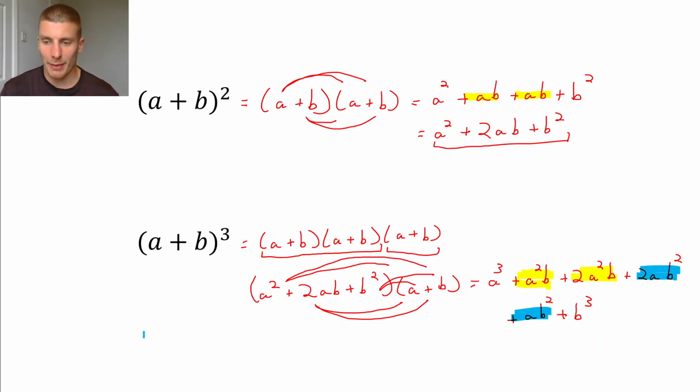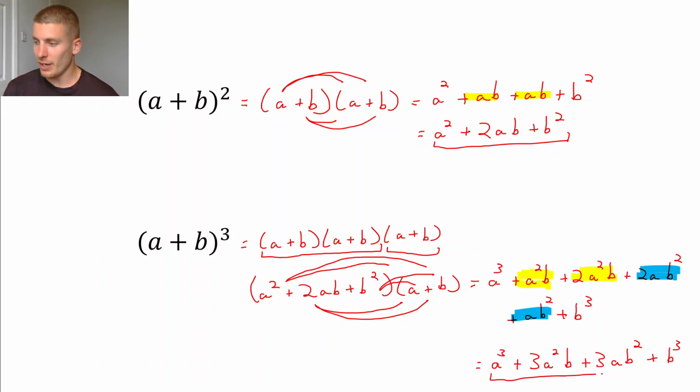Okay, so now just tidying everything up, this is going to be equal to a cubed plus 1a squared b plus 2a squared b gives me plus 3a squared b. I've then got plus 2ab squared plus ab squared, which is plus 3ab squared, plus b cubed on the end. And this is the answer to a plus b all cubed.